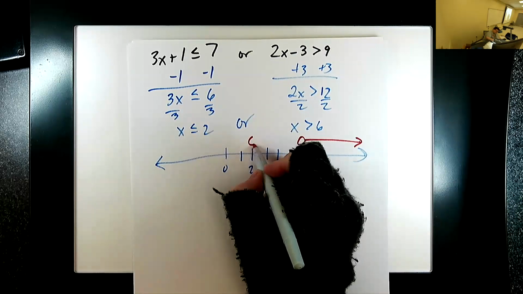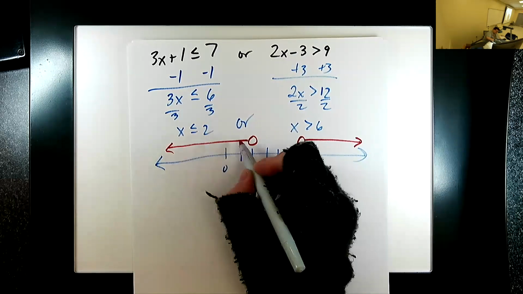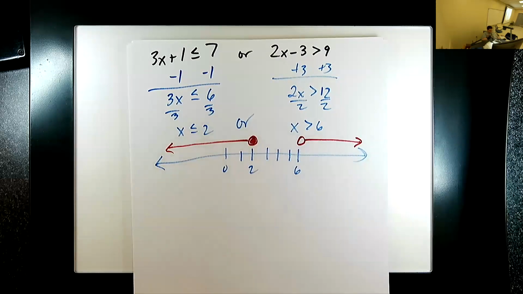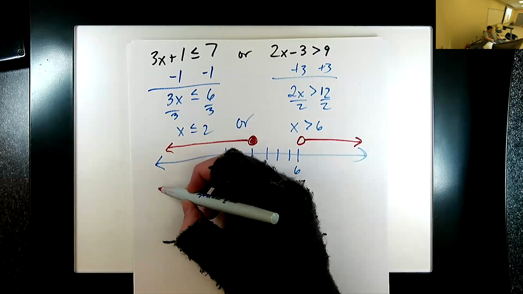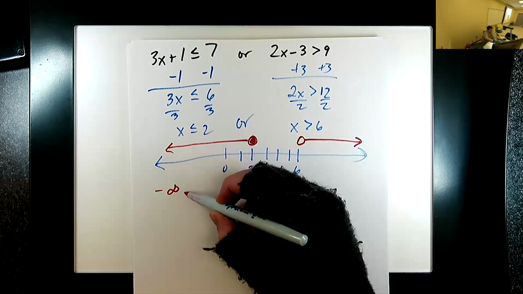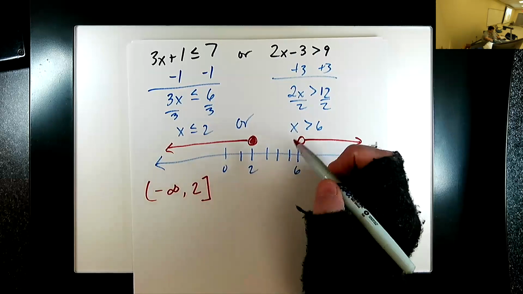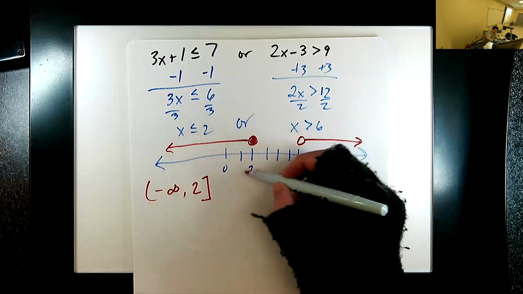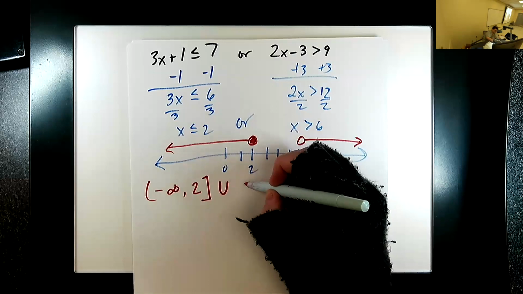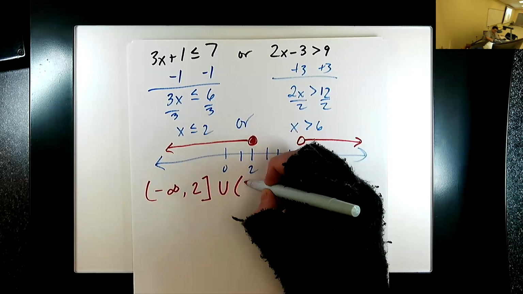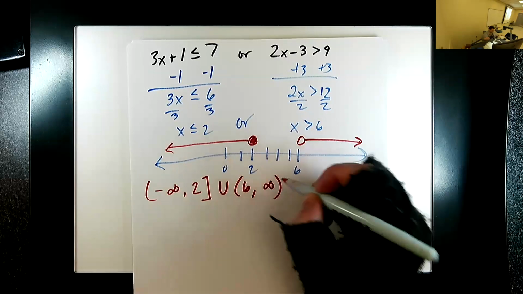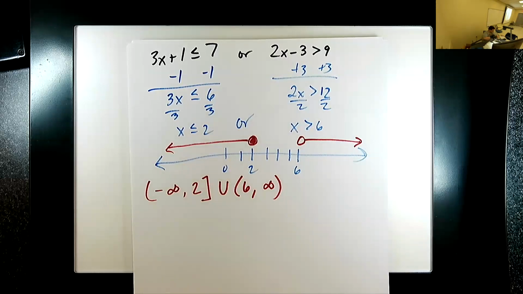Less than or equal to 2 is a circle at 2, going to the left. The equal portion says fill it in. This is going from negative infinity up to 2. The 2 is included, so we'll use a bracket on it. Then there's a gap between 2 and 6 where we start up again, so we'll use the union symbol. 6 isn't included, so we'll do a parenthesis, and then we've got the infinities.